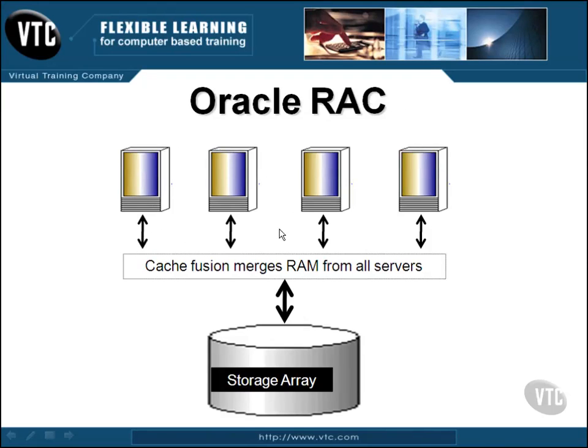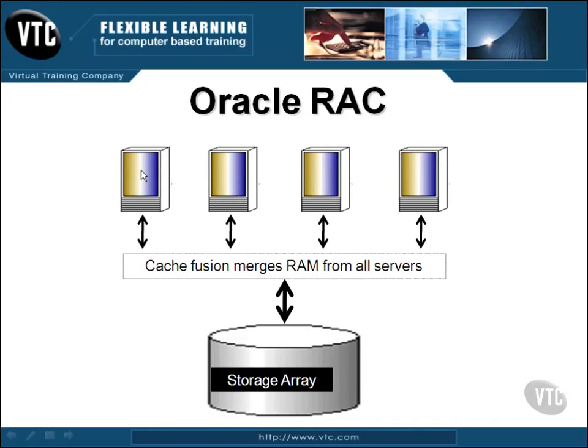And then you connect the multiple databases to the database through a thing called cache fusion, which is essentially a merge of the separate instances, or the memory on the separate instances, to the storage array. And then all the software between manages the connection and manages the processing, the parallel processing, whatever else RAC does in terms of services and the users.